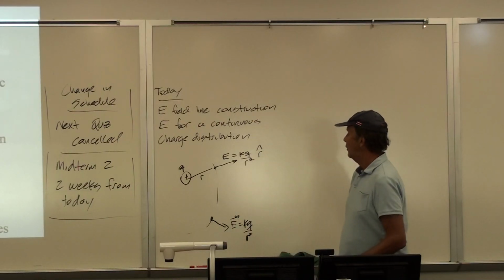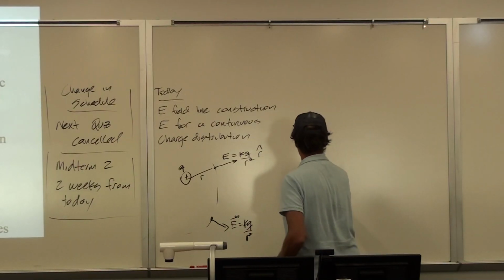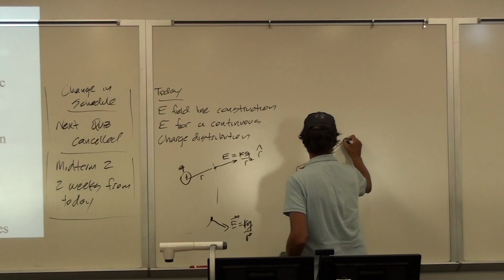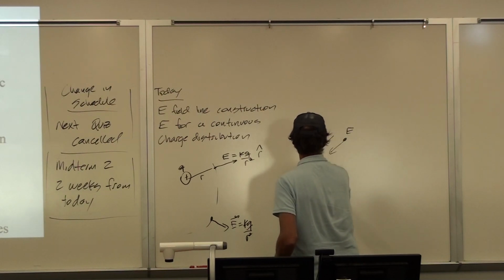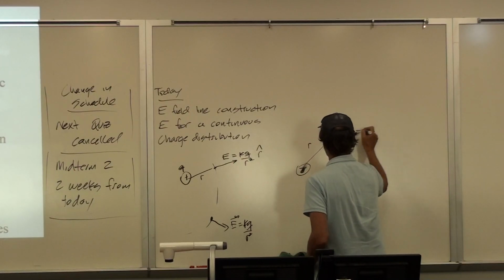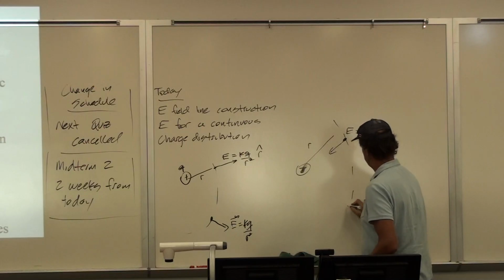Points away from positive and toward negative. This distance again is r, and this is kq over r squared, but pointed toward negative and away from positive.